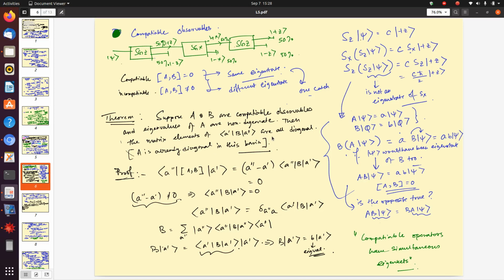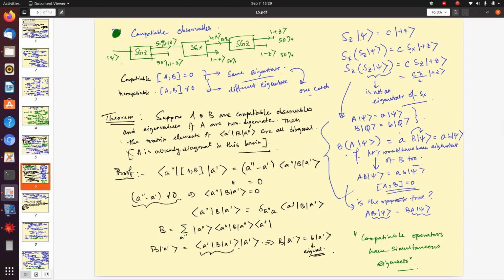That is equivalent to saying they have the same eigenstates, and of course A is already diagonal in this basis because it is its eigenbasis. To prove that, let us sandwich this commutator between these states, eigenstates of the A operator. The A operator acting on this will give me A double prime, acting on this will give me A prime, and we will be left with this part.